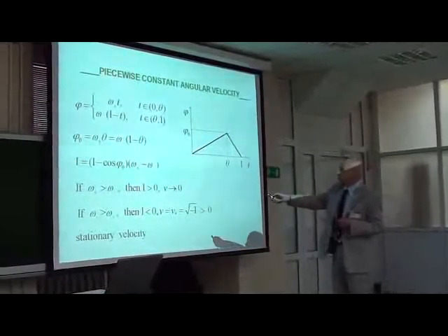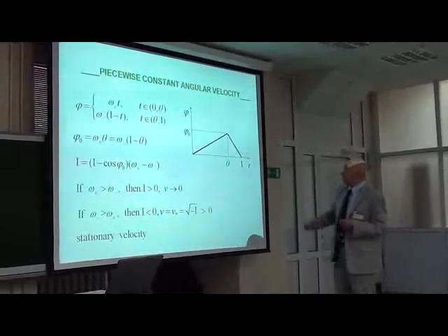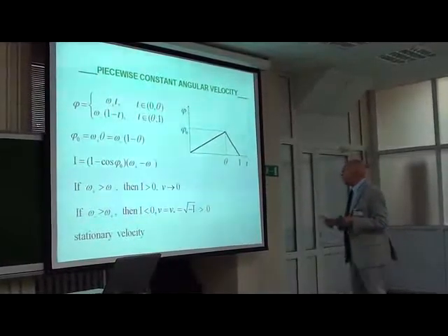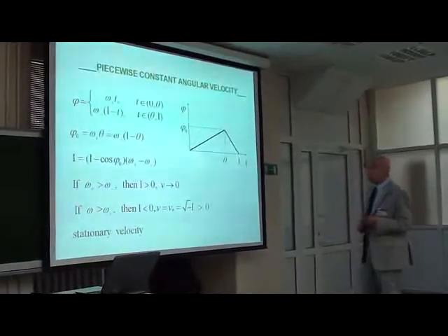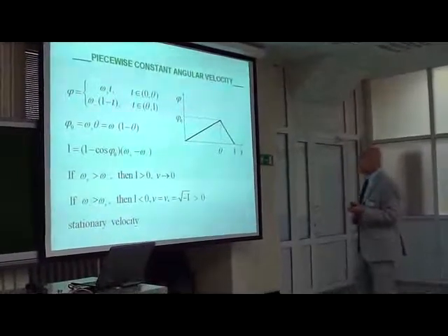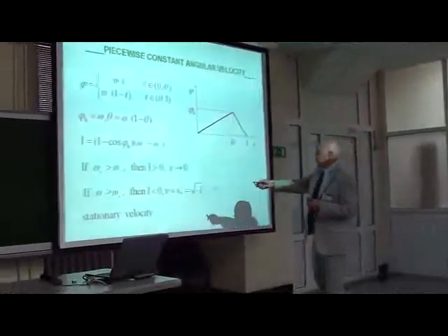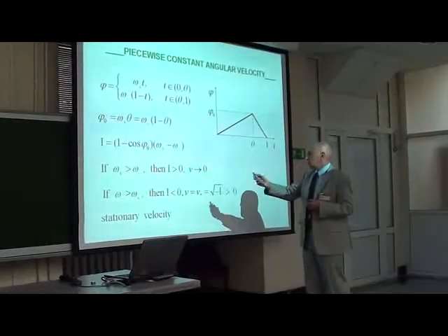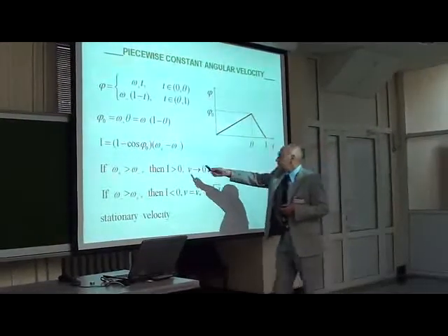So this is the analytical expression where omega plus and omega minus are angular velocities of deflection and retrieval. And if you calculate this integral, we find this simple formula.